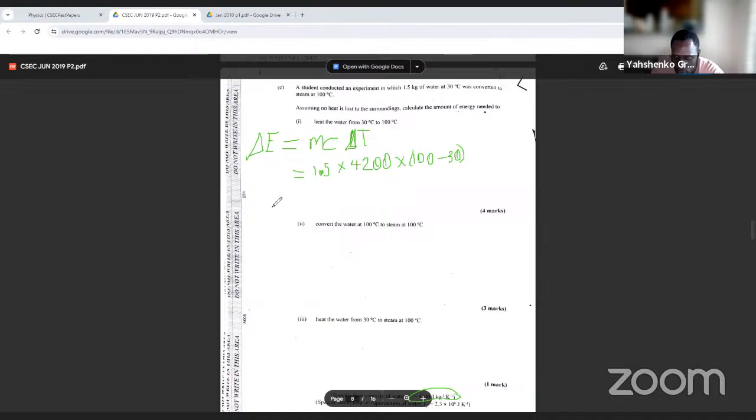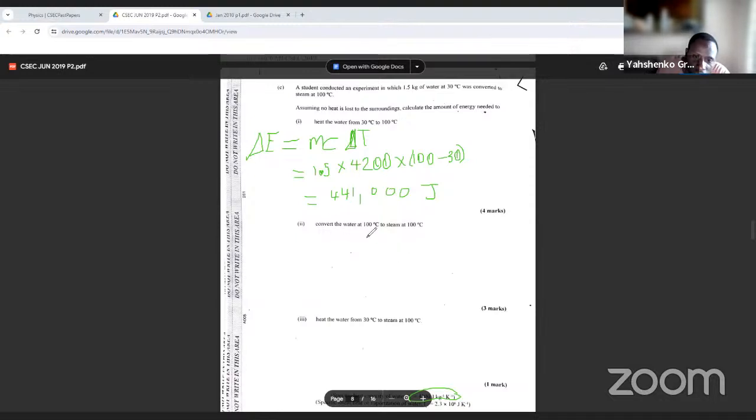So when we work this out, we're going to get 1.5 times 4,200 joules per kilogram per Kelvin times a temperature change of 70 degrees Celsius, which gives us 441,000 joules of energy. This is the amount of energy needed to heat the water from 30 degrees Celsius to 100 degrees Celsius.